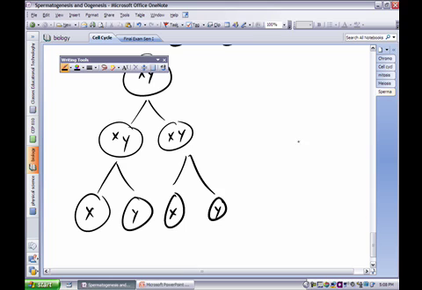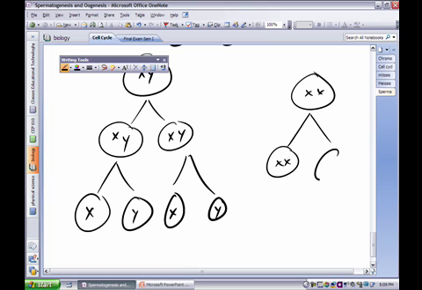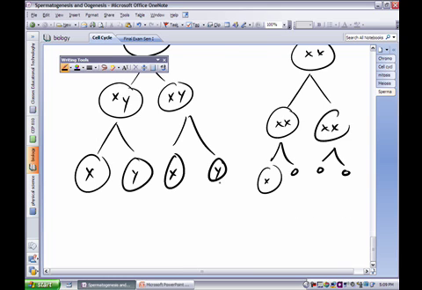The female will be the same idea, but it is XX, and so no matter how it breaks down, it will still only produce a cell that has one X in it. So if we were to take these two and combine them, we would get a boy. If we take, let's say, this one and this one, we would get a girl.